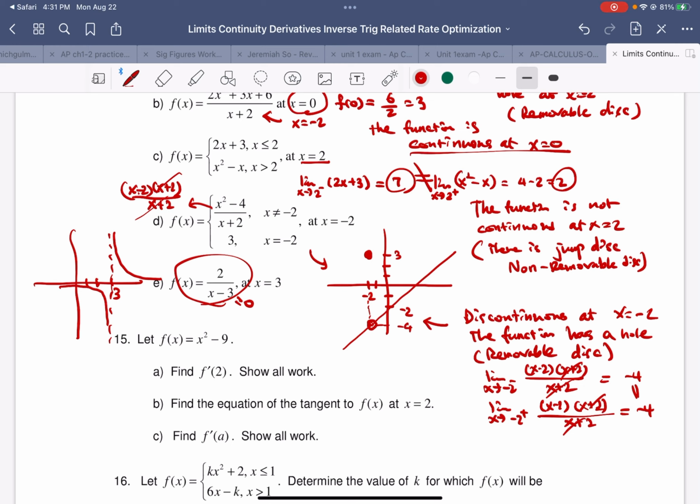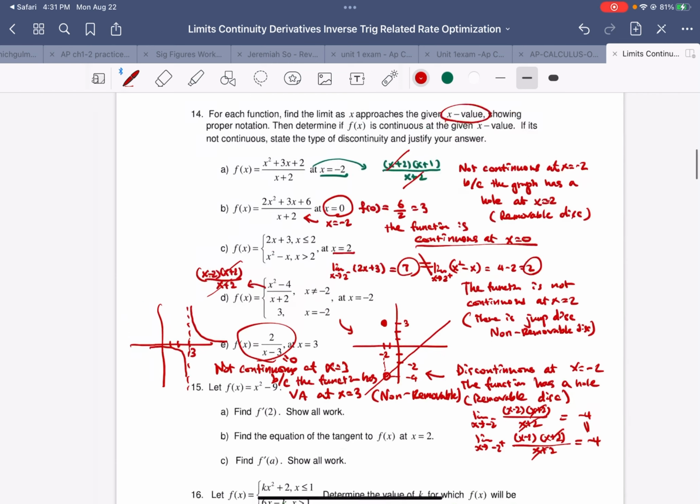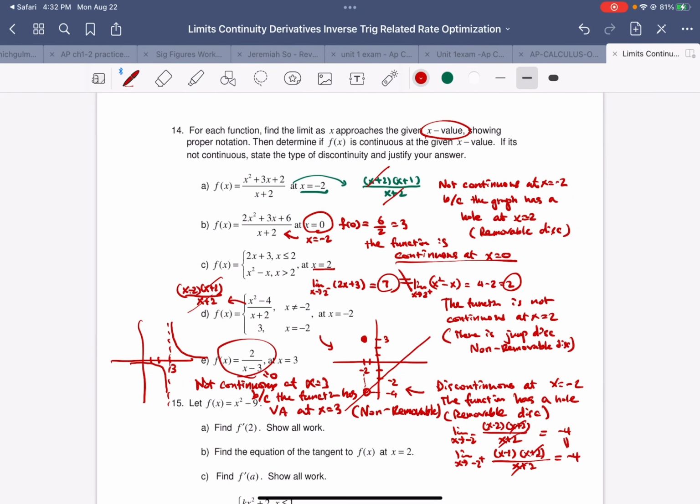So you can say it's not continuous at x equals 3 because the function has a vertical asymptote at x equals 3, which is non-removable. Okay, that's a justification. I think that's enough to explain whether it is continuous at that point or not.